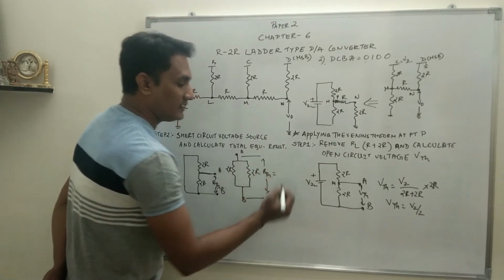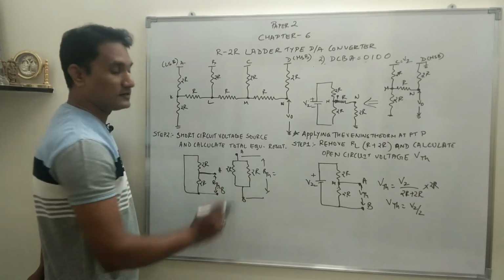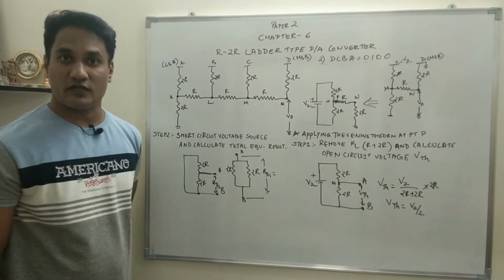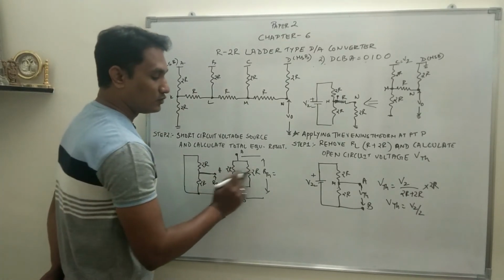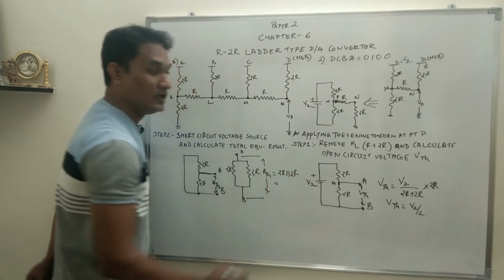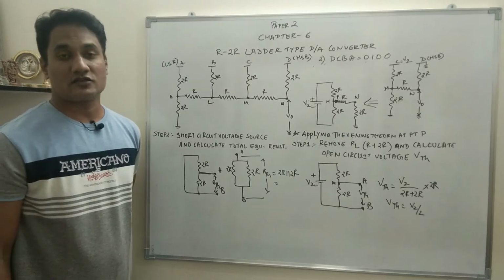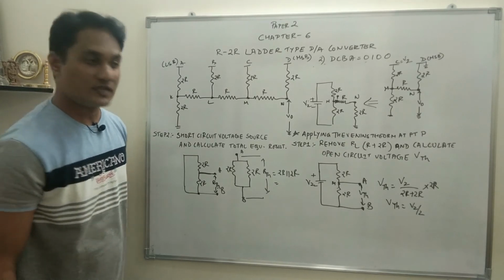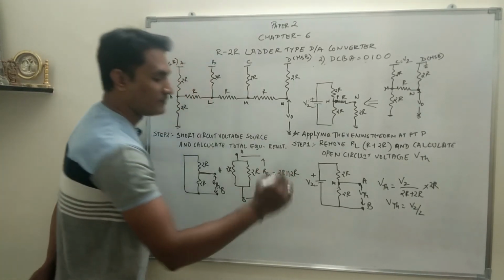RTH is these two resistances in parallel. You can easily observe that the two resistances are in parallel. We already know that if two resistances of the same value come in parallel, the value becomes half. So 2R parallel to 2R will be R.